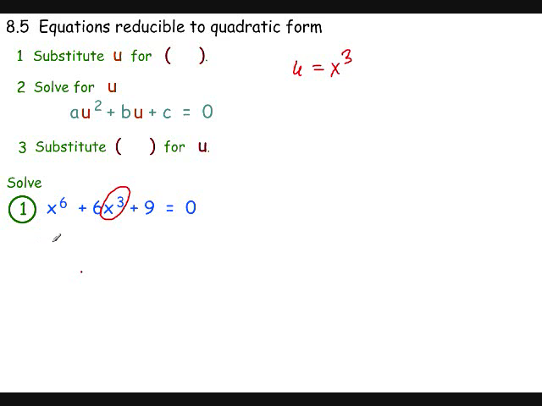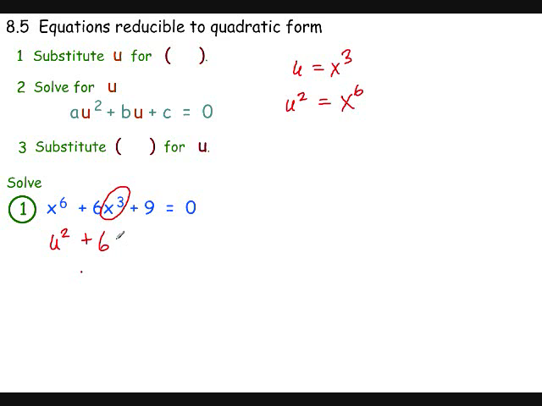Let's try substituting in u for our x's. If u is equal to x to the 3rd power, then u squared must be equal to x to the 6th power. Agreed?